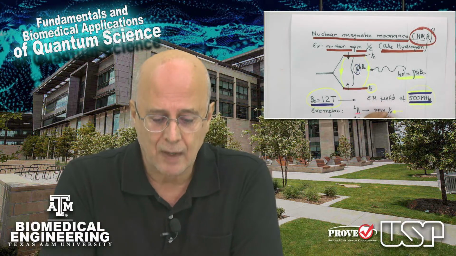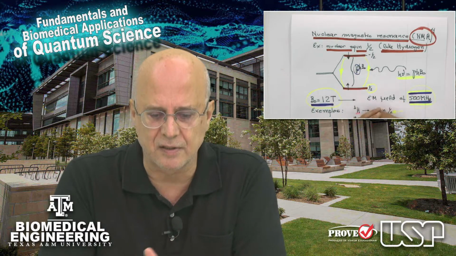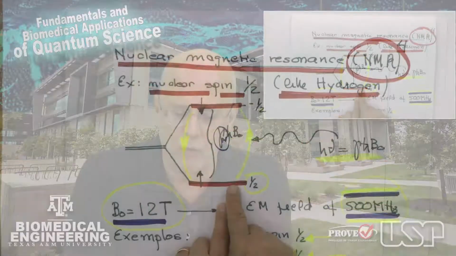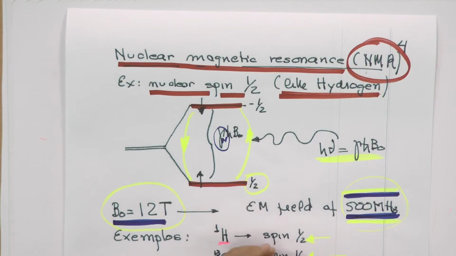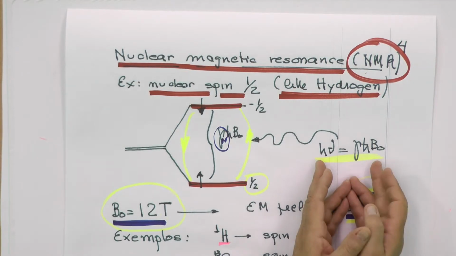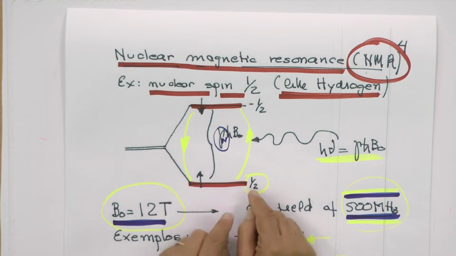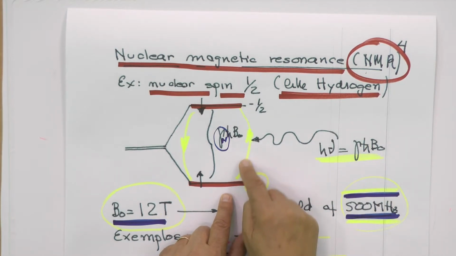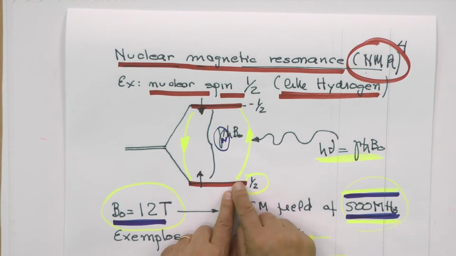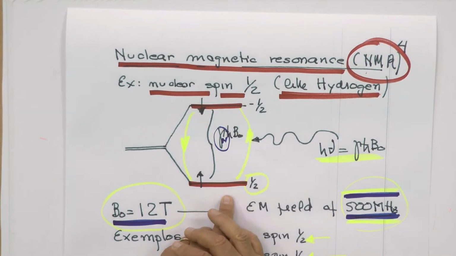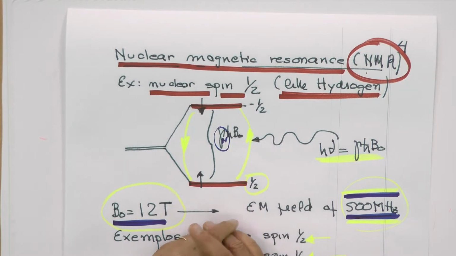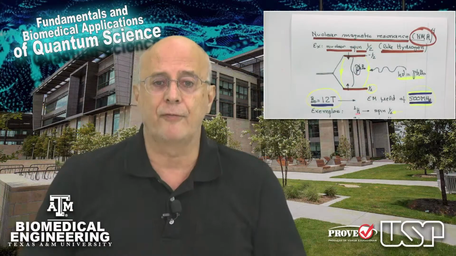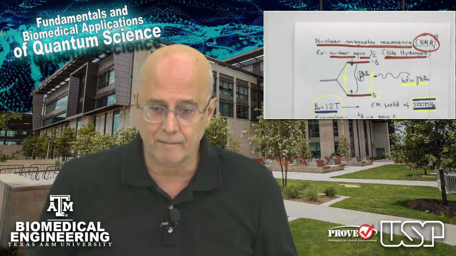As a result, we can make a transition from one state to the other and vice versa. Therefore, if I send a pulse of electromagnetic radiation, part of its energy may be consumed, used to promote this variation of energy in the spin state. And that's a very powerful spectroscopic technique.